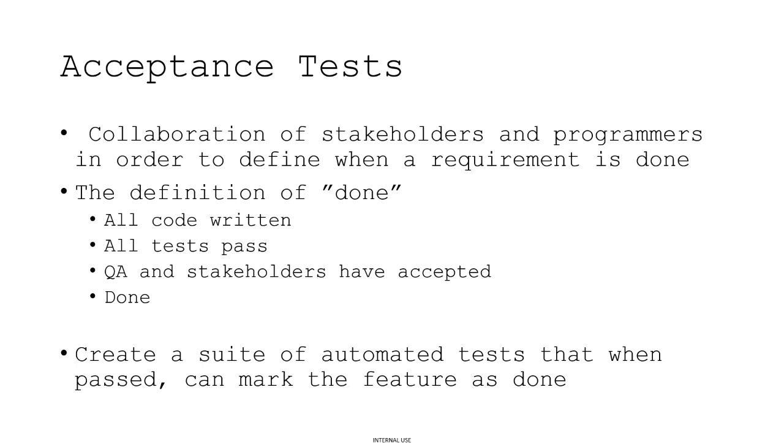So when you're writing acceptance tests, you're essentially creating a suite of automated tests that, when passed, can mark the feature done. This feature that we just coded does what the business wants it to do, and all the tests pass. This feature is done. It's accepted. It's ready to be merged in and deployed.